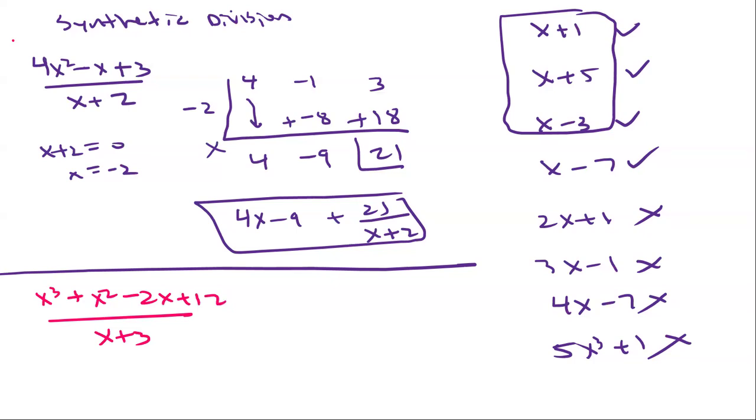So what do I do? I write the coefficients of each of these terms, okay, in this format. So I have 1, 1, -2, and then 12, right? Those are the coefficients of these terms, okay? And then what I write here is the root or the factor.